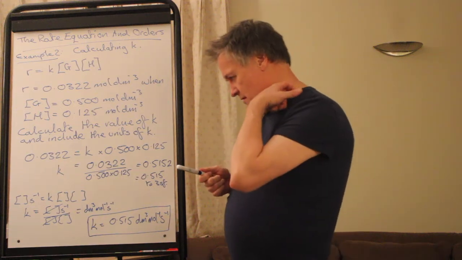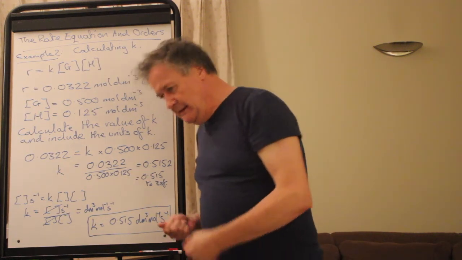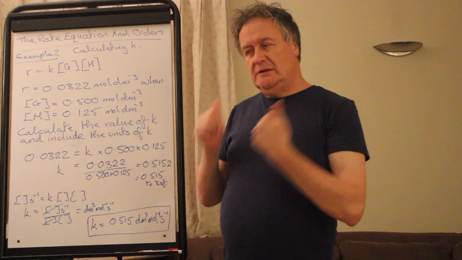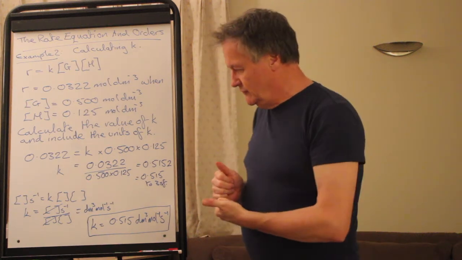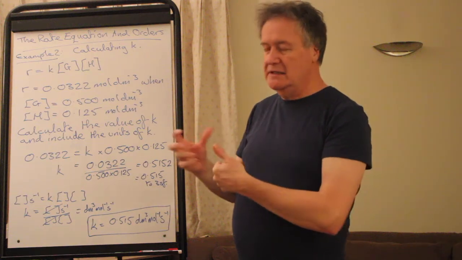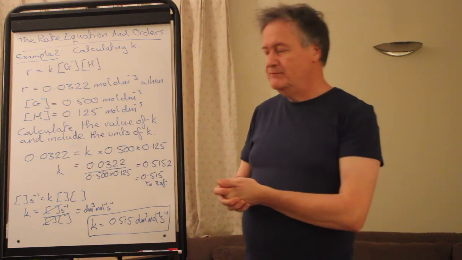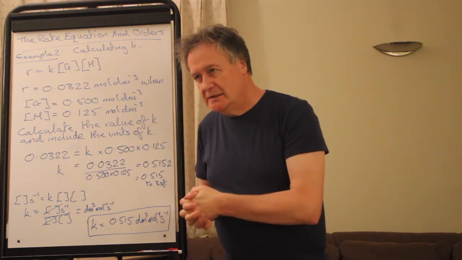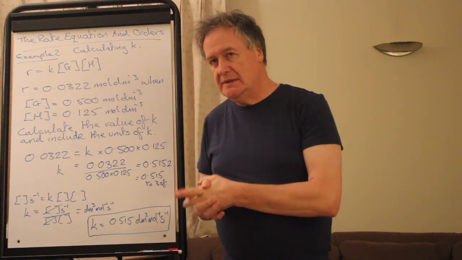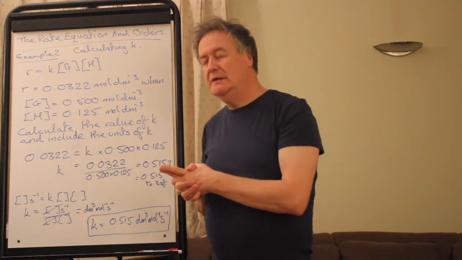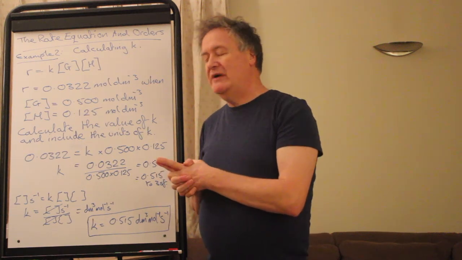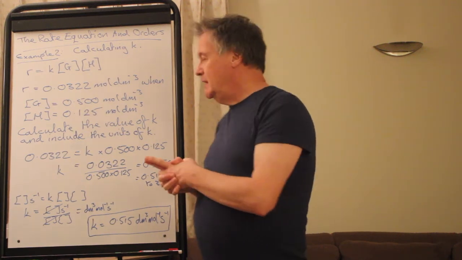Now I just want to say one thing about why we do this. The rate equation and the orders are really important in terms of understanding the inner workings of a reaction. So when you've had mechanisms, up to this point mechanisms have usually applied to organic reactions of one kind or another.